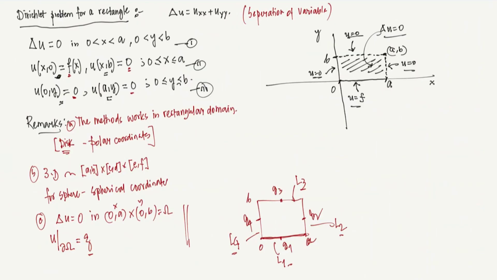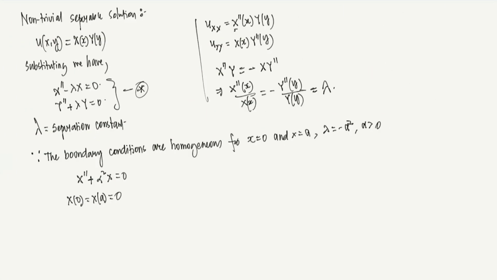What is the boundary condition? u for x equals 0 and x equals a, this is x equals 0 and this is x equals a, right? On this line it is 0, right? So if you put it in the equation, let's again look at it. You see, u of 0, y equals u of a, y equals 0.